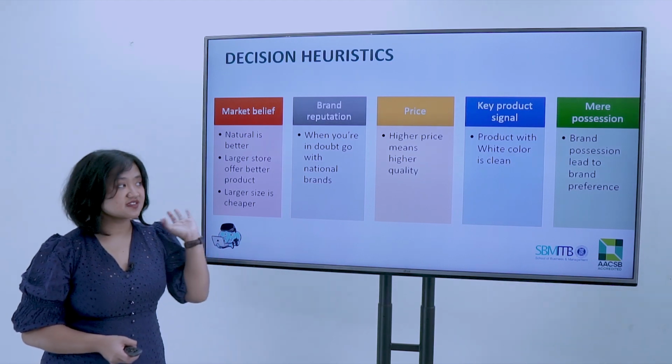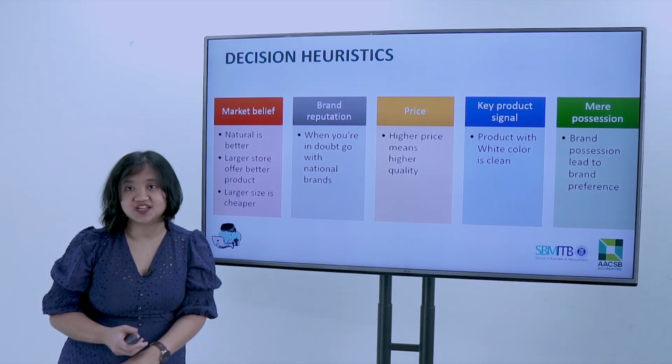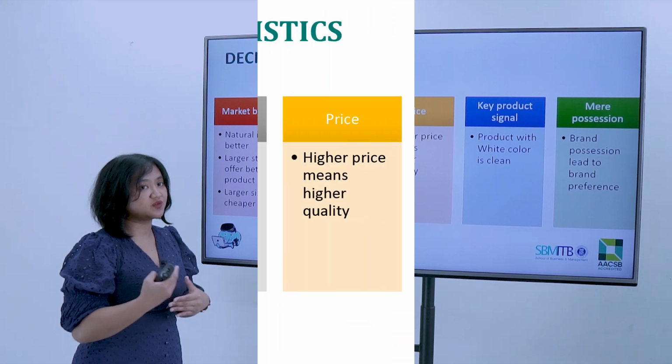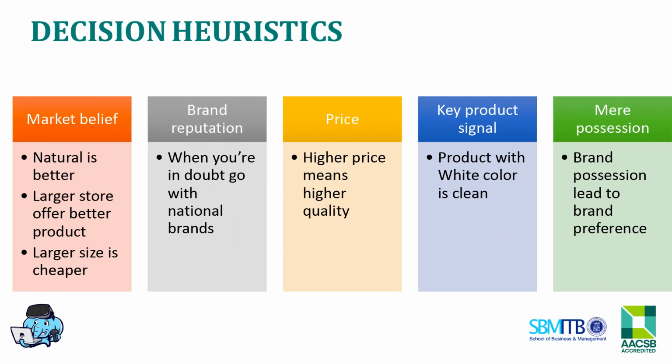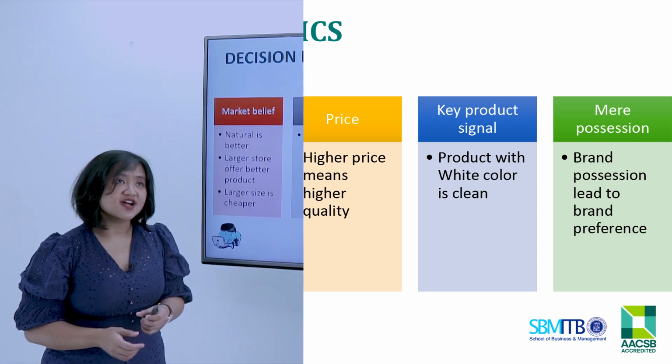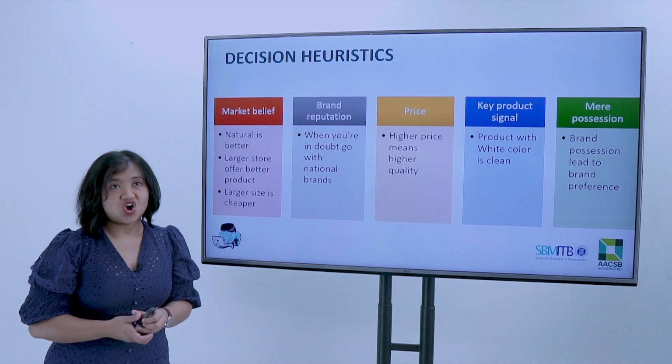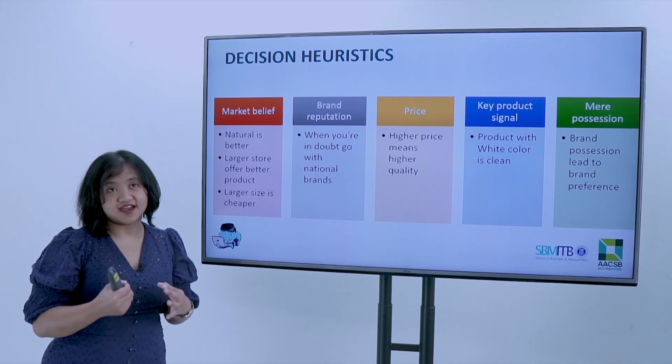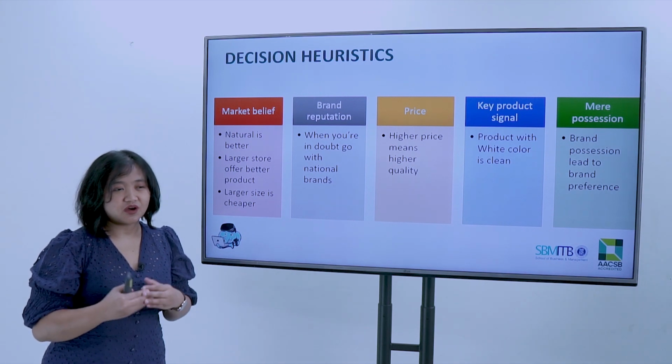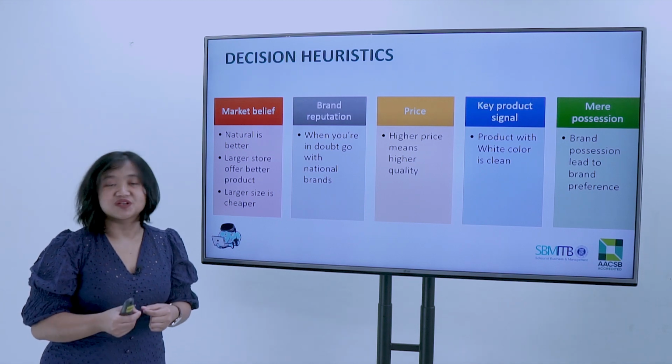These are the factors that usually define our decision heuristics, like market beliefs. We somehow believe that natural products are better, larger stores offer better products, and larger size products are cheaper, or we believe that all diseases are masuk angin.